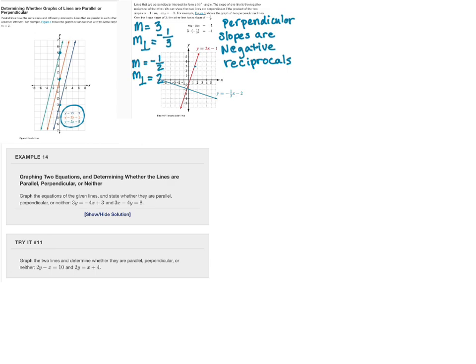Okay. And so if you look at the picture that they have here, you'll see one line is y equals 3x minus 1, and the other line is y equals -1/3 x minus 2. Could it be that they have the same y-intercept? Would that be allowed? It could be.